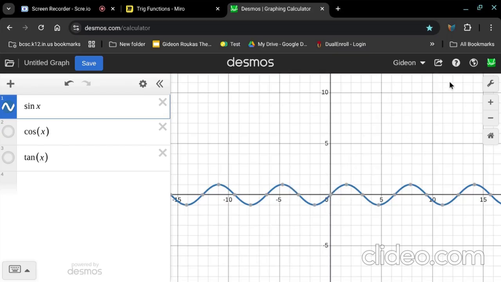Those will continue going a certain way. Whereas sine and cosine are limited to their amplitude, which we'll go over in a different video sometime. But essentially, it'll stay within this range and go up and down in the same curve for infinity. The same thing is true of cosine.